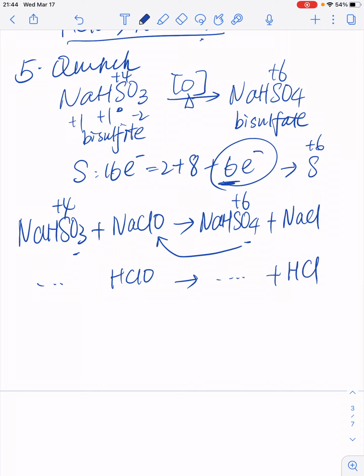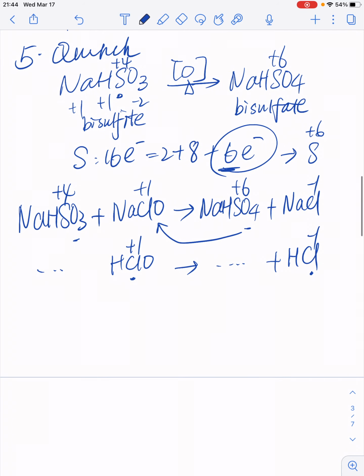Either way, that's a correct equation. Sulfur is the one oxidized, and chlorine is the one being reduced, right? Sulfur got an elevation of 2 charges, while chlorine went down 2 charges, which are equal to each other. That's also another way to help you confirm whether you balanced the equation or not.